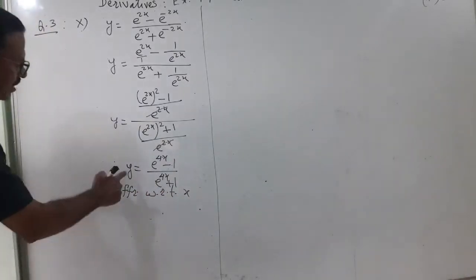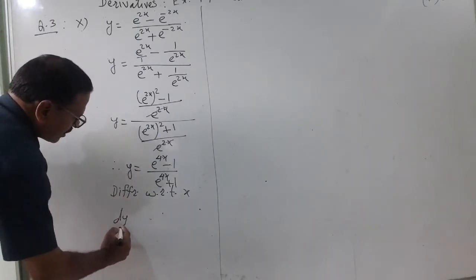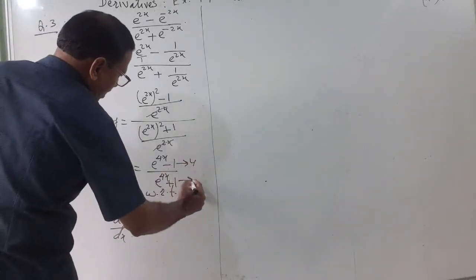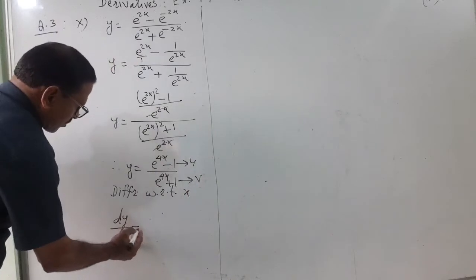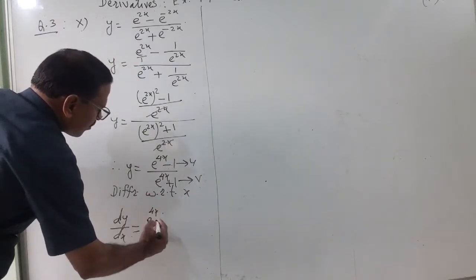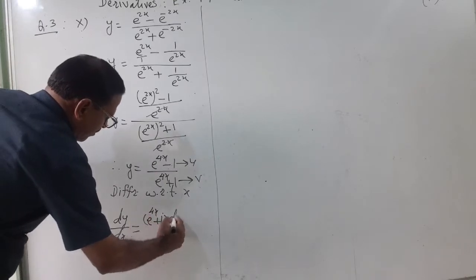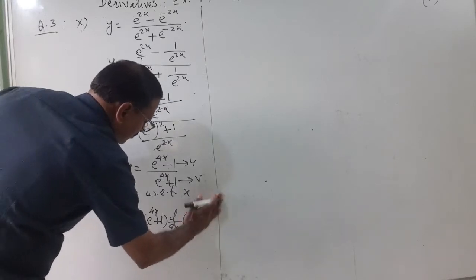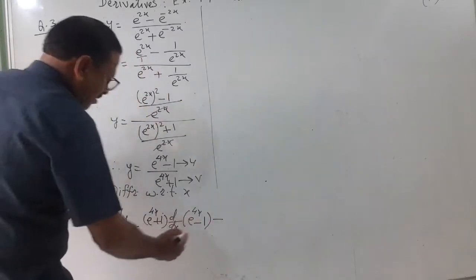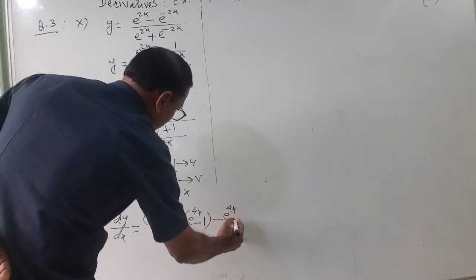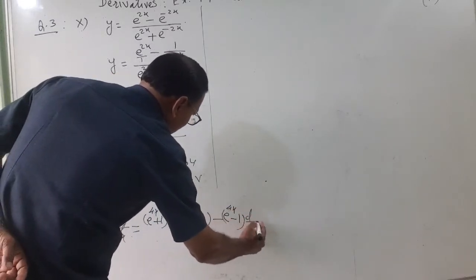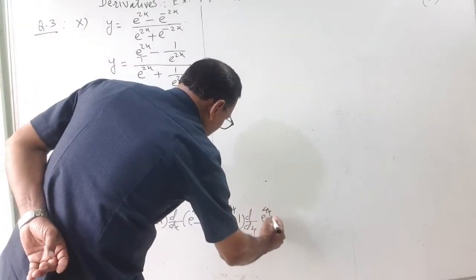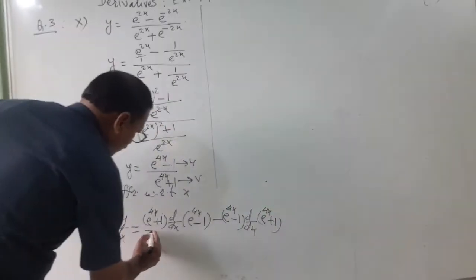So what we will get here, dy by dx, this is u and this is v now, is equal to e raised to 4x plus 1 into d by dx of e raised to 4x minus 1, minus e raised to 4x minus 1 into d by dx of e raised to 4x plus 1, upon v square.